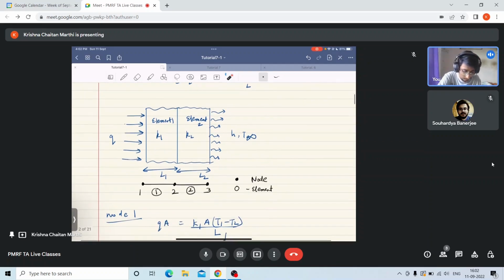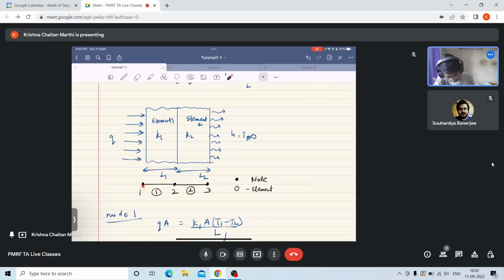Our approach to solve this problem is to see this discrete system in the form of elements and nodes. Since it has two slabs of different conductivities, we will consider these two slabs as two elements. This is my element 1 and this is my element 2, and we are considering nodes.